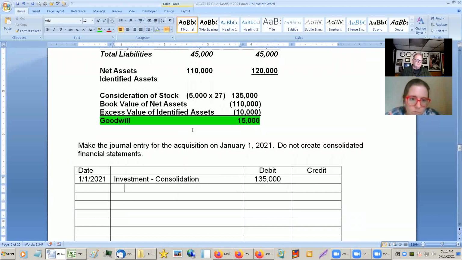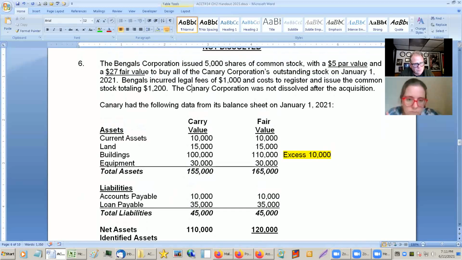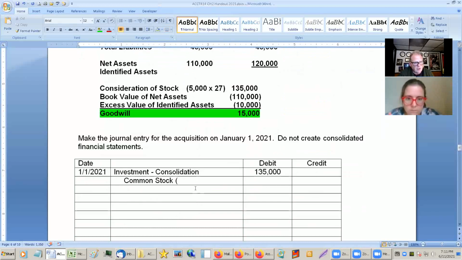So this would be common stock, $5. So 5,000 times 5, $25,000.